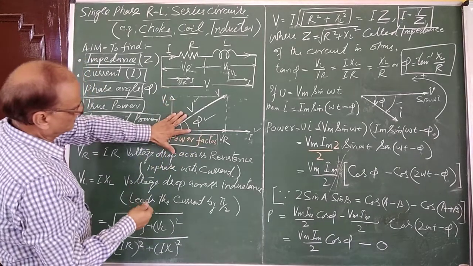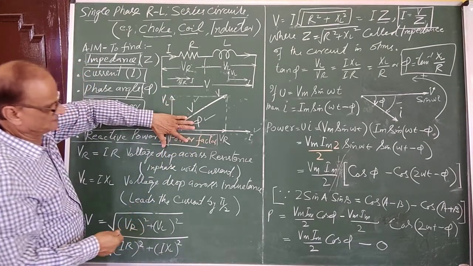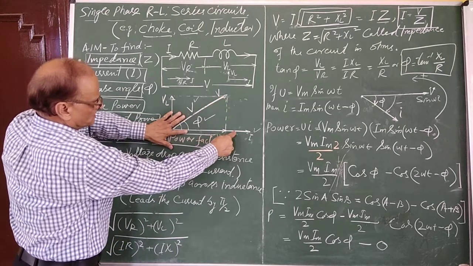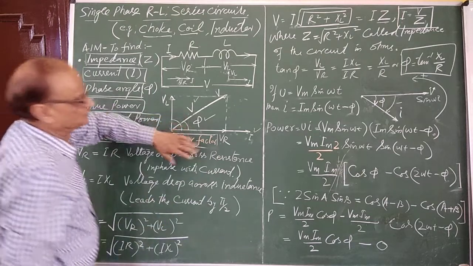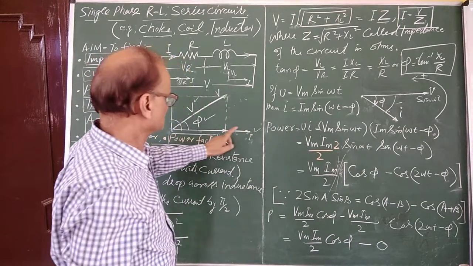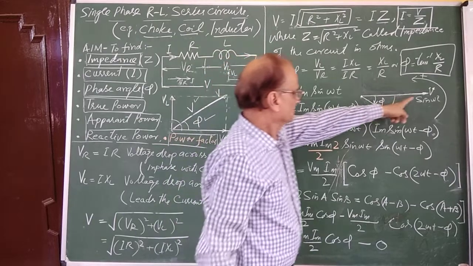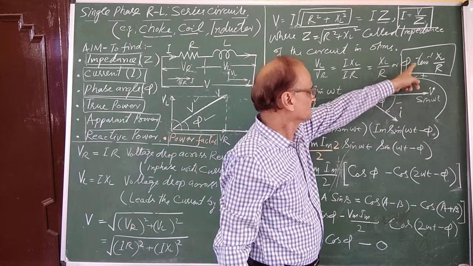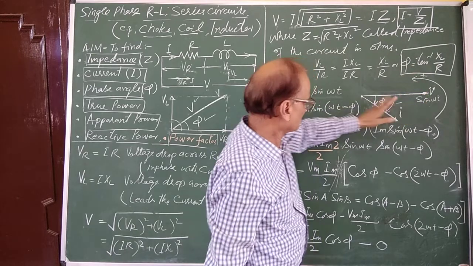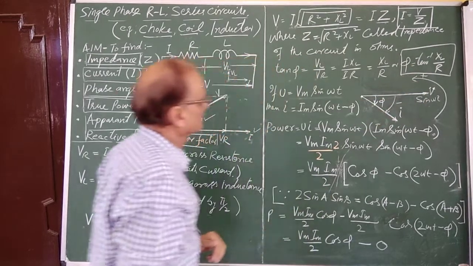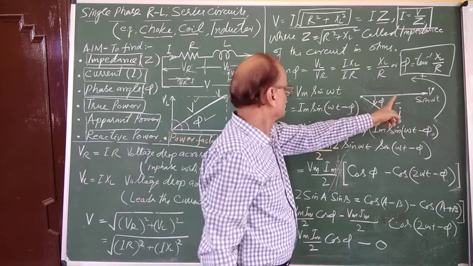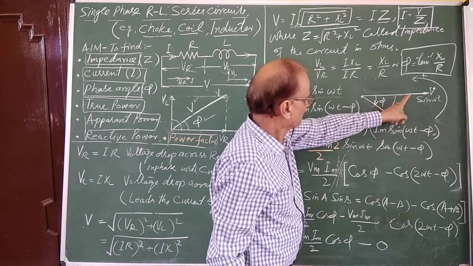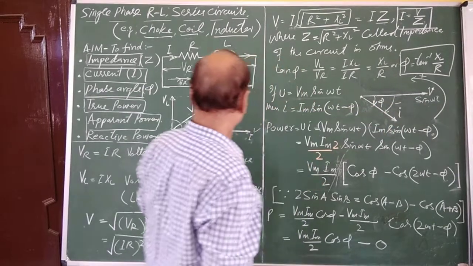So I am shifting this voltage to this axis. Shifting voltage to this axis means when voltage comes here, current will come here. So this diagram of voltage and current is shown in this figure. Here I have shifted voltage from this axis to this axis and current is automatically shifted. So if the equation of voltage is Vm sin omega t, then the equation for current will be Im sin of omega t minus phi. This phi is the same as this phi.